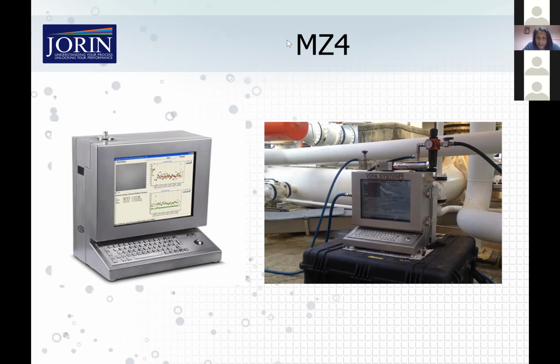It's a visual-based system. We're shining light from one end, and the camera needs to be able to pick it up on the other end. So we do have a max concentration, especially for crude oil, where if the solution starts getting too dark, then we won't be able to transmit light across it. So we say our concentration range is 0 to 2,500 ppm for crude oil and water.